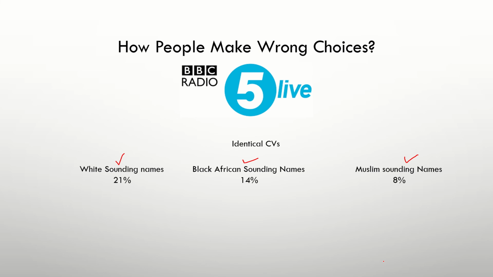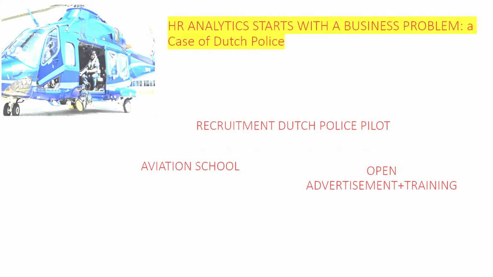If you want to quantify what people are doing and how that impacts how they are performing, then we are doing a certain kind of analytics. Now there are companies who have applied HR analytics and made better choices. HR analytics starts with a business problem.